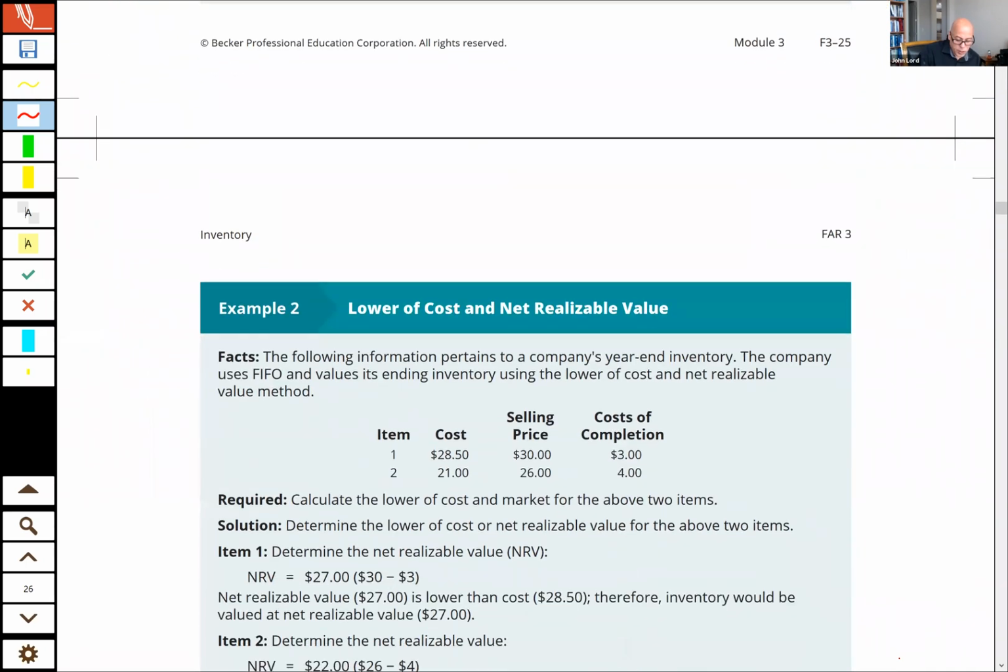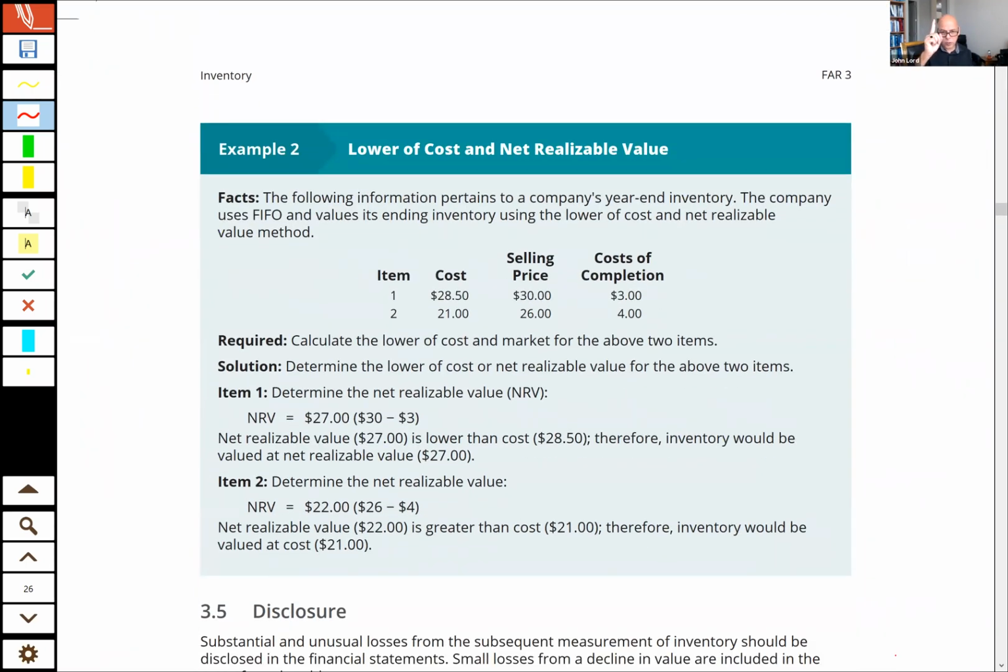With lower cost or net realizable value, all I have to do is calculate net realizable value, compare the cost to net realizable value, and if the net realizable value is lower than the cost, I write it down. So here, they're telling me that what? The selling price is 30, cost to complete. So the net realizable value here is what, 27? That inventory is being carried at 28.50, so I would write it down. I don't have to go through the market ceiling, the market floor.